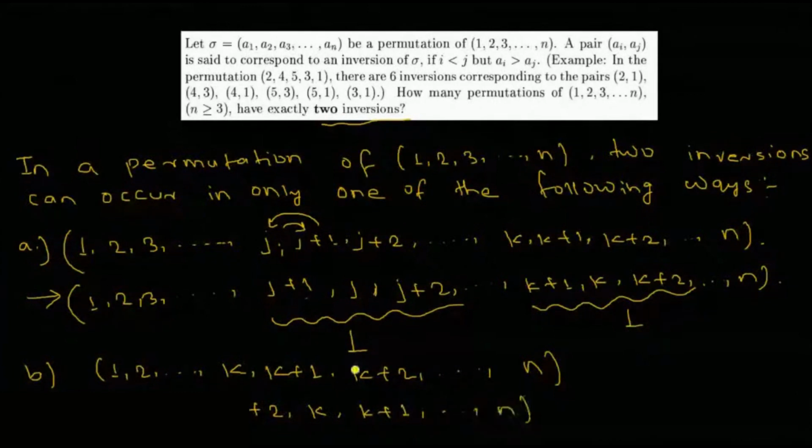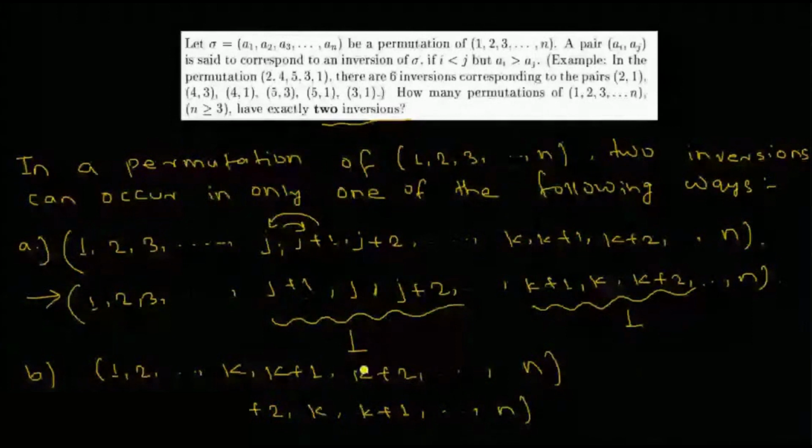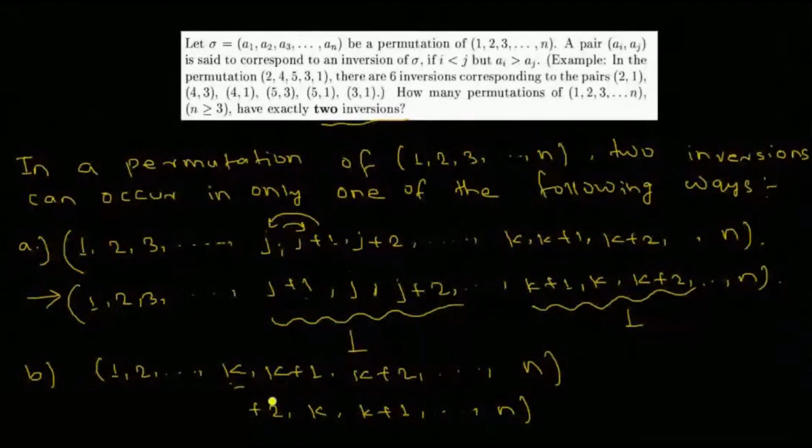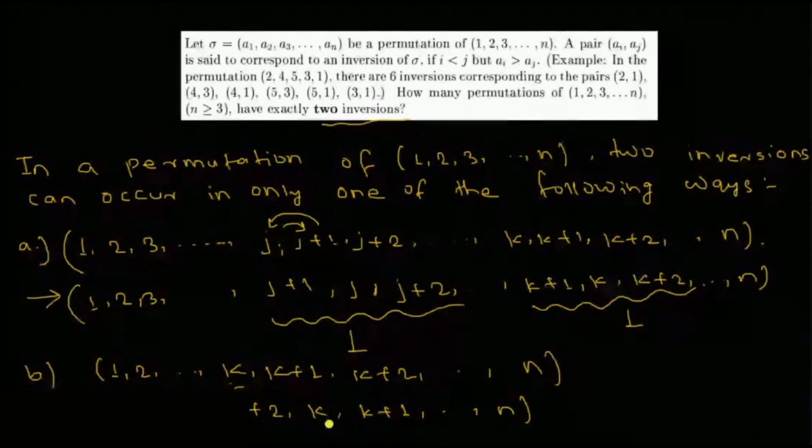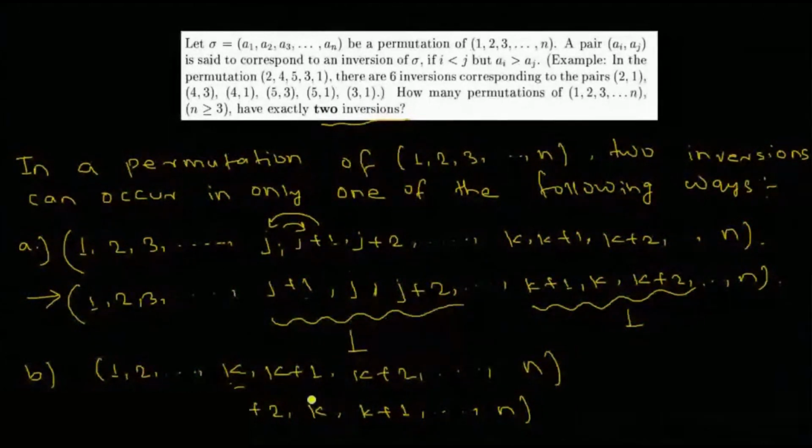See here, in the kth term, ak is greater than ak plus 1 and ak plus 2, right? And in all the rest there is no inversion, right?